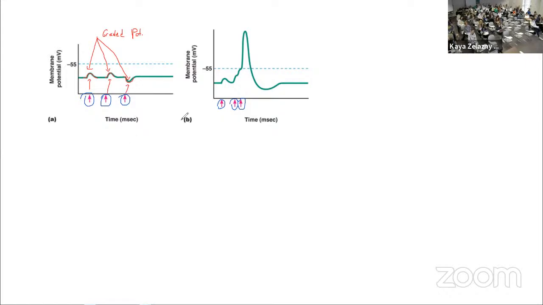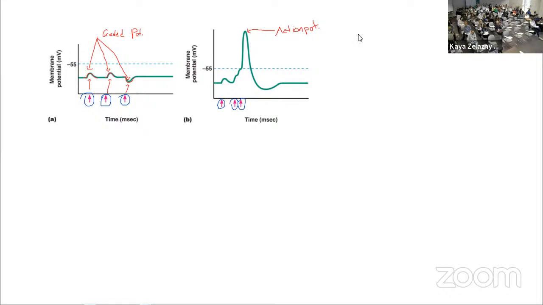And in figure B, we do have an action potential. The big potential, the big change, this is our action potential. That's the action potential. What we see here is our membrane potential over time.